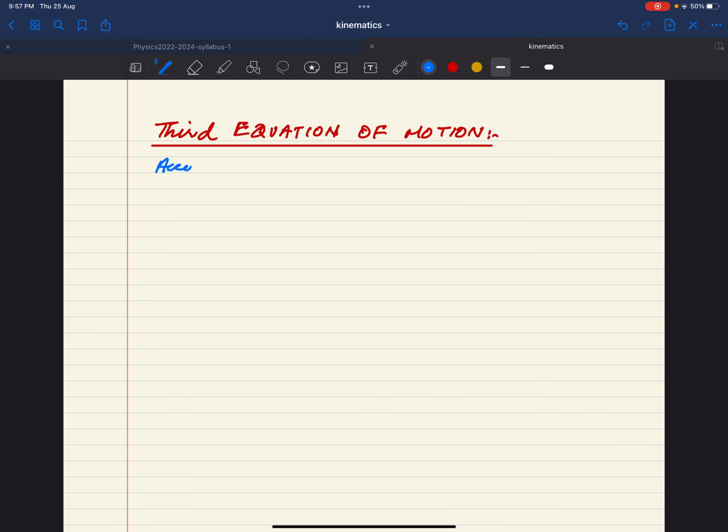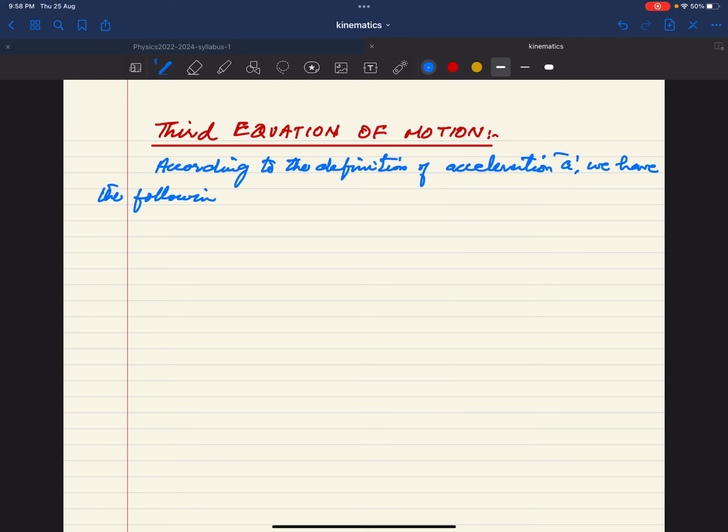According to the definition of acceleration, a, we have the following equation.